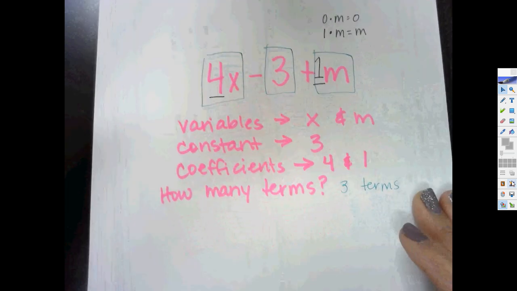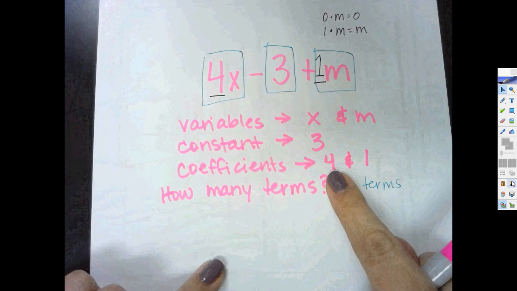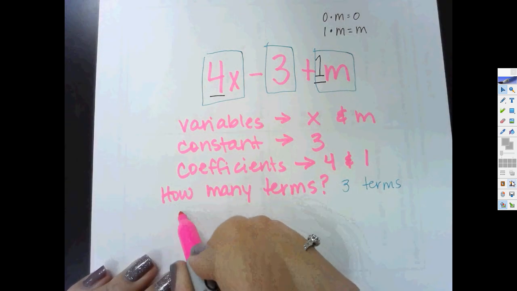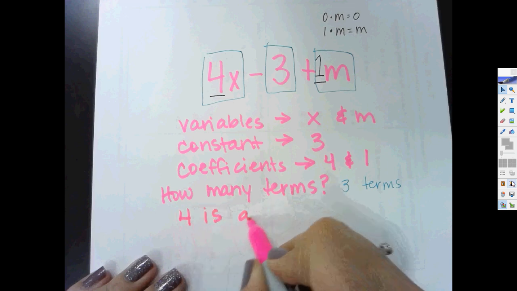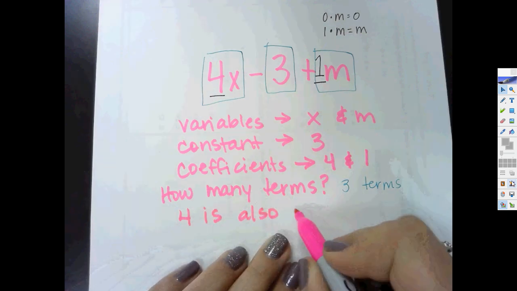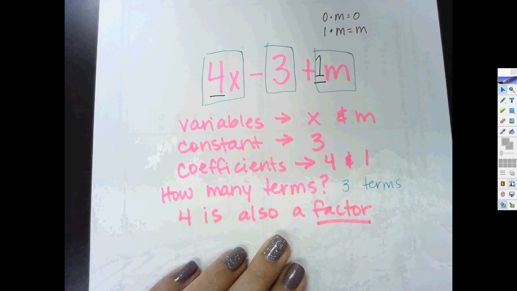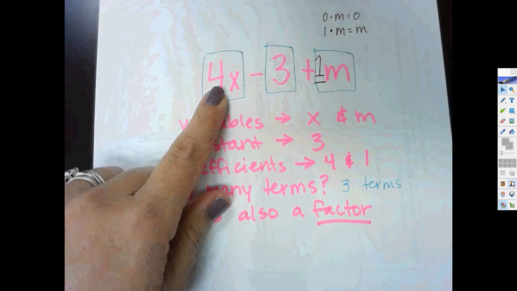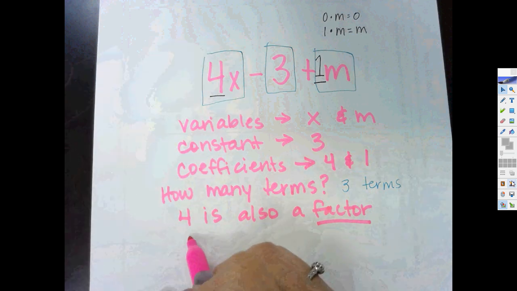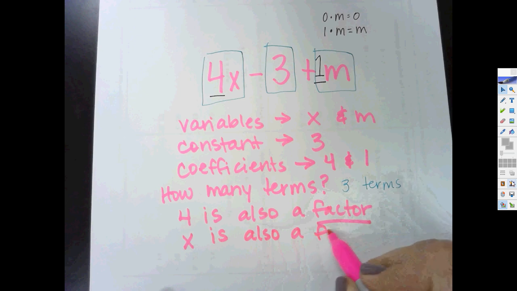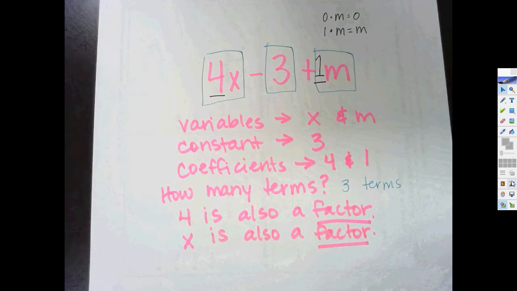Oh, so we talked about how 4 is a coefficient. Four is also a factor because it is being multiplied times the x, which means x is also a factor because they are being multiplied times each other.